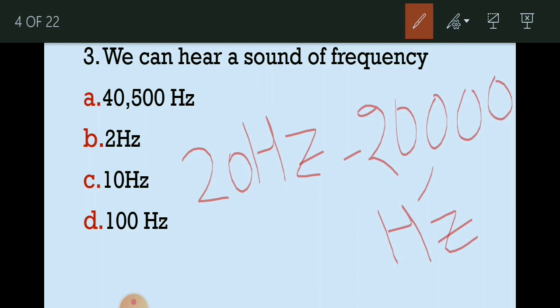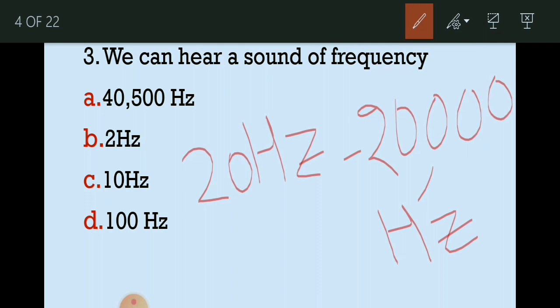The sound below 20 Hz is known as infrasonic sound. And if the sound is above 20,000 Hz, then that is known as ultrasonic sound.